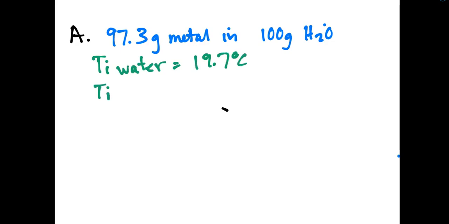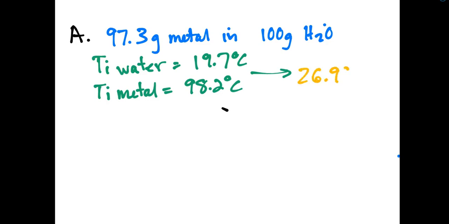The initial temperature of the metal is going to be 98.2 degrees Celsius. And then we'll just make it easier and say the final temperature for both of them is going to be 26.9 degrees Celsius. Okay, and the question for you is, what is the specific heat? Find the specific heat of the metal.